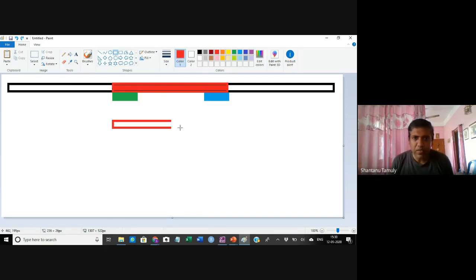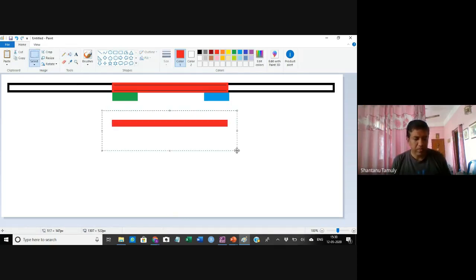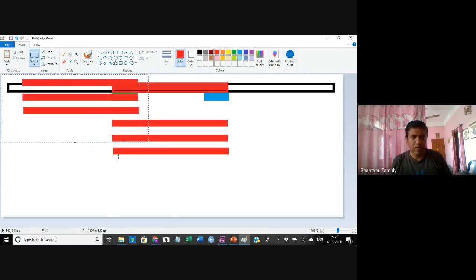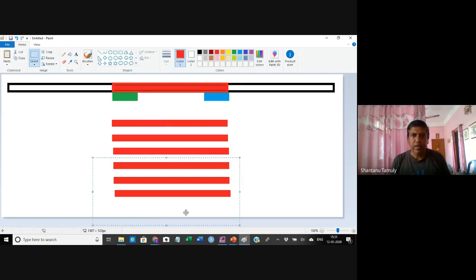Likewise, you will start getting the amplified product. Now here there is an issue, because this primer set will carry out amplification only when these two primers are specific.